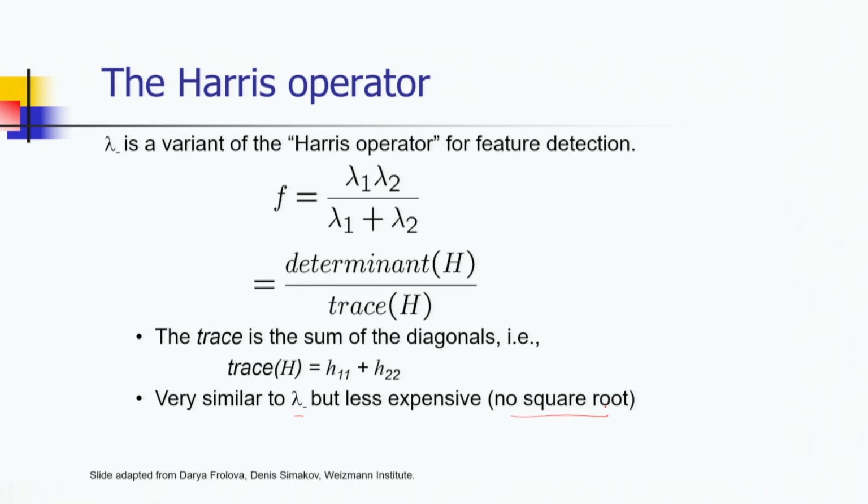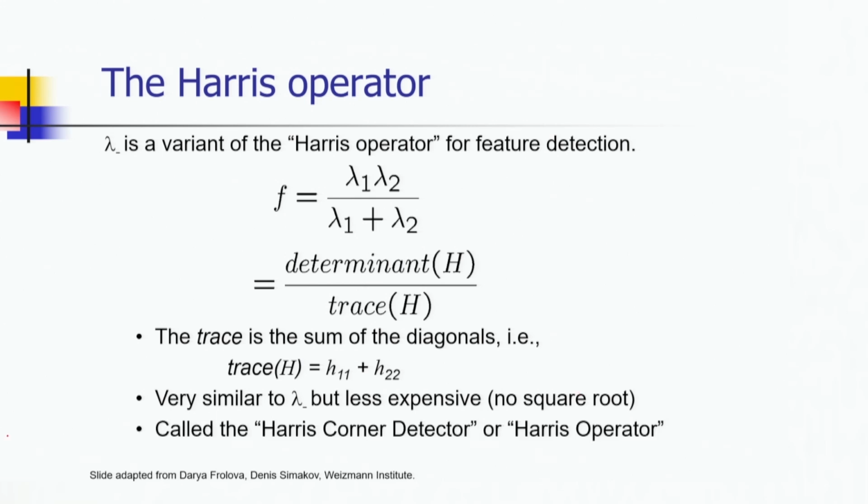Think about the cost you can save by simply using the determinant and trace instead of finding the minimum eigenvalue, because square root is an expensive operation in terms of the number of cycles it takes. This operator is also called the Harris corner detector or Harris operator. There are many other detectors on similar principles, but this one is very popular.